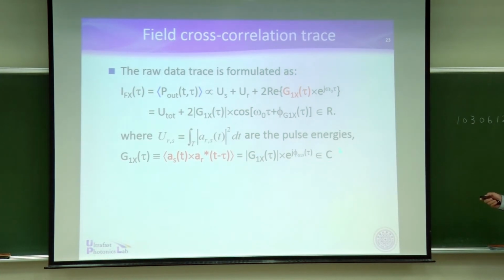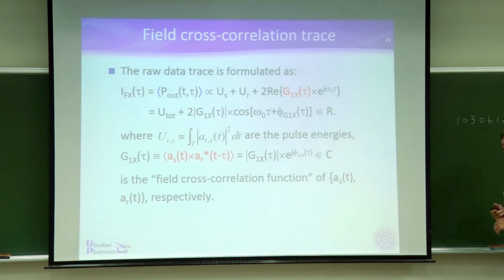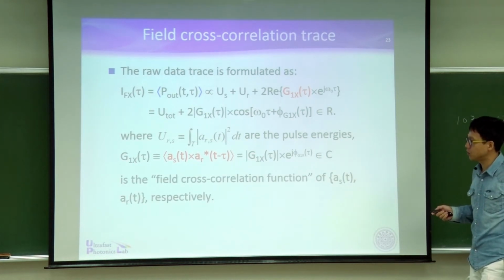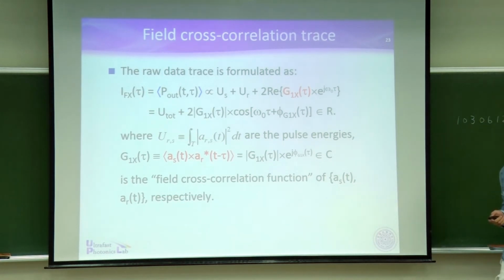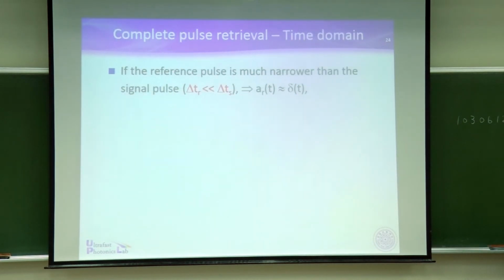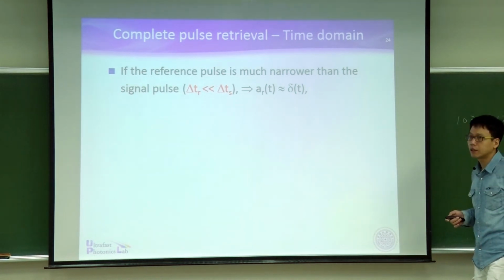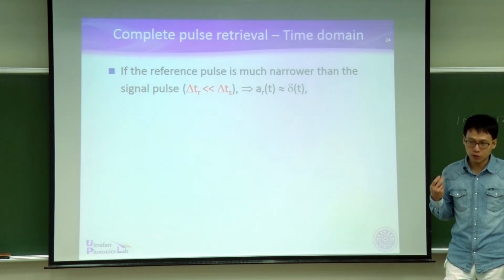And this time it's a complex function with a magnitude function and a phase function, respectively. It's designated as the field cross-correlation function of two complex functions, the signal function and the reference function. So we have something different.